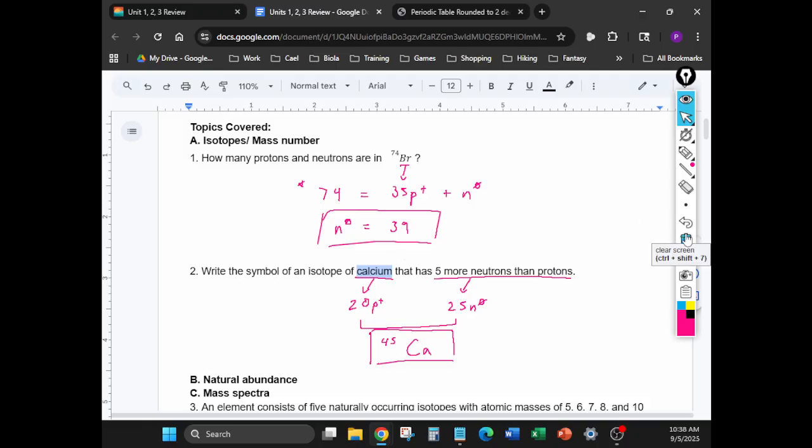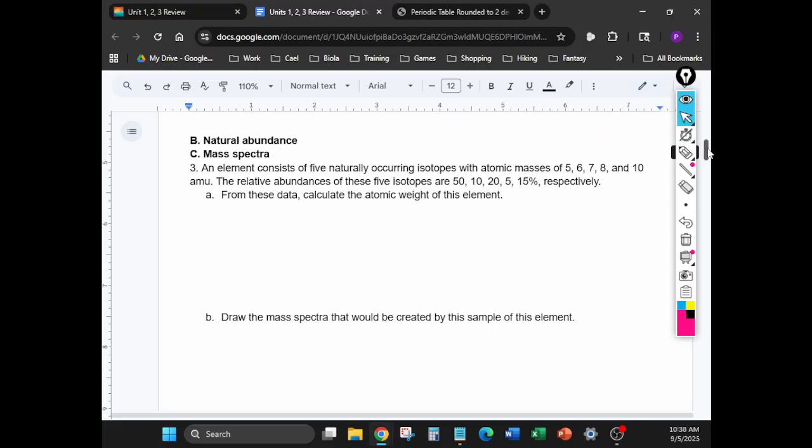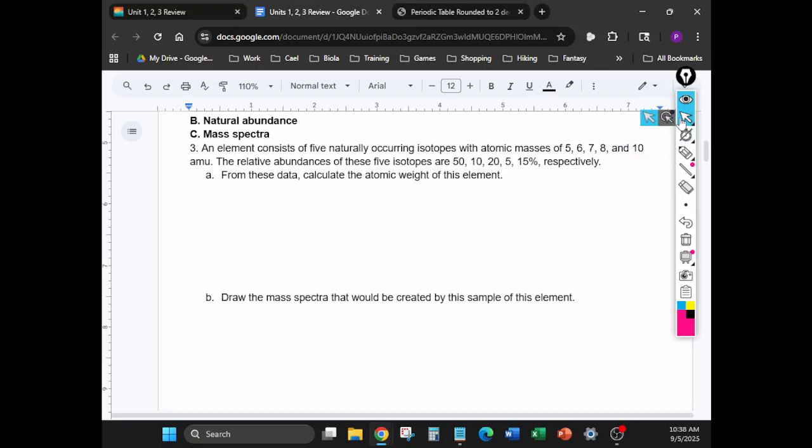So, more isotope stuff. We're going to be looking at natural abundance and mass spectra. I have a problem for you here. This is the natural abundance problem. You have an element with 5 naturally occurring isotopes, with mass numbers 5, 6, 7, 8, and 10, and the percentages for each of them.